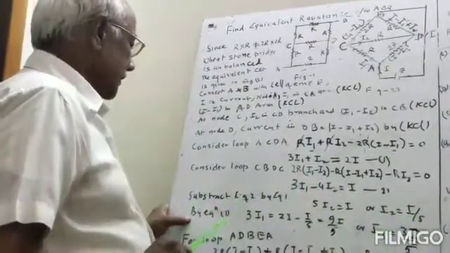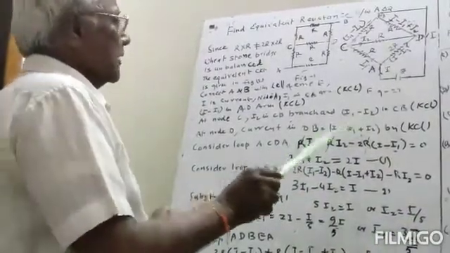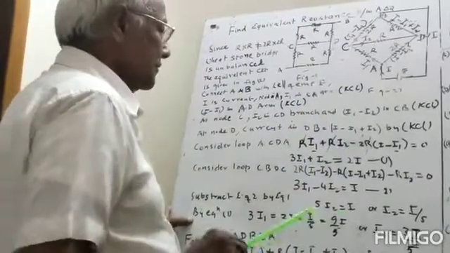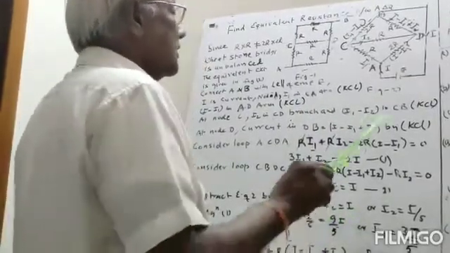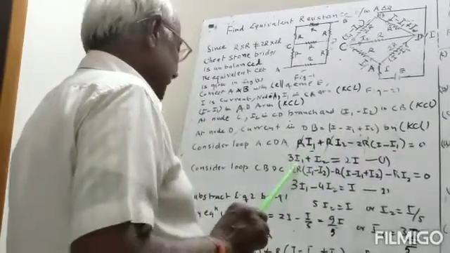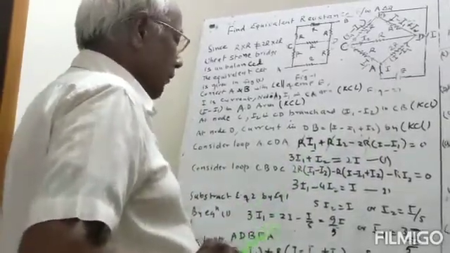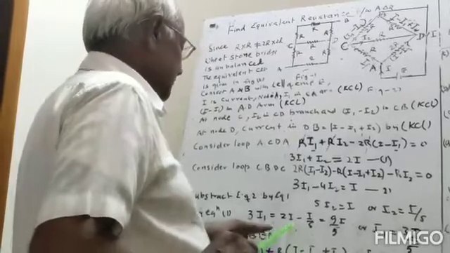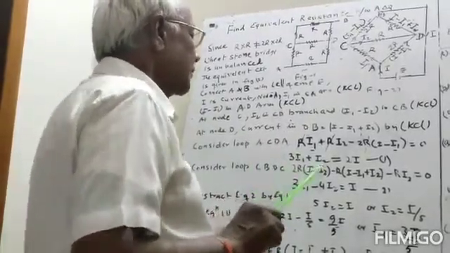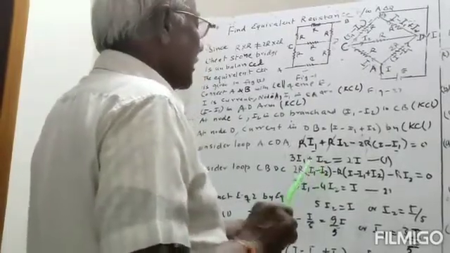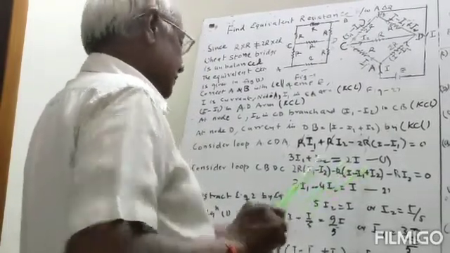Now we consider equation number 1. We substitute the value of I2, then we can find I. So it is 3I1 plus 3I1 plus I plus 2I.